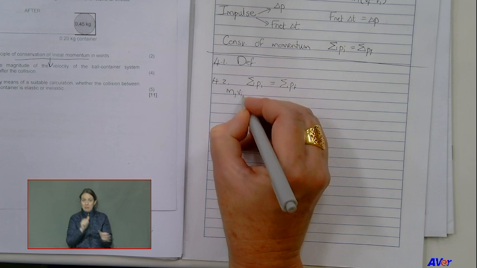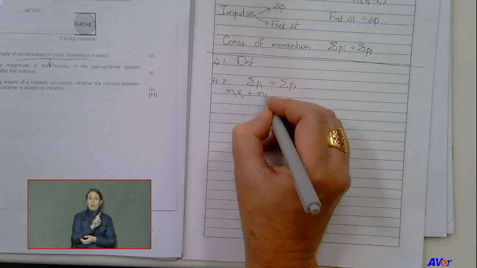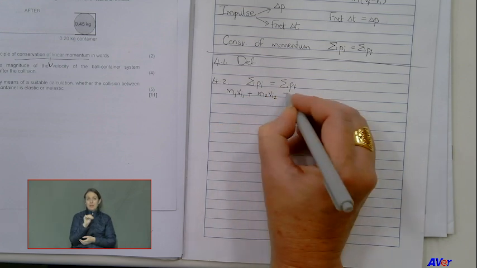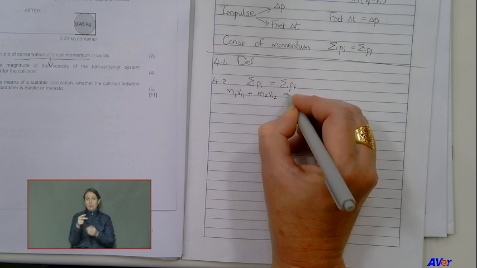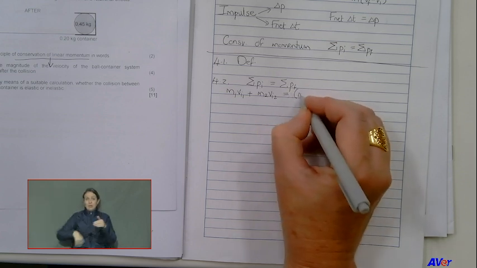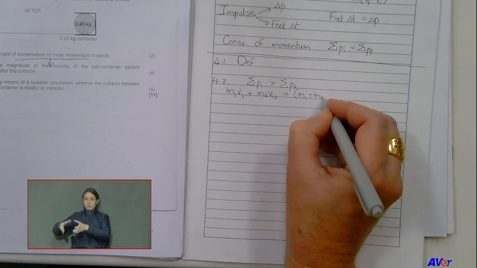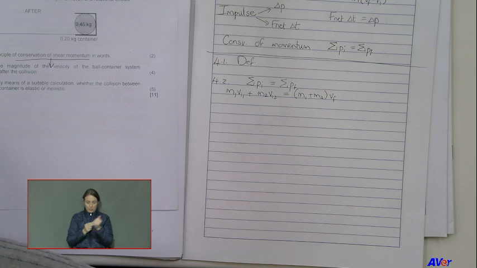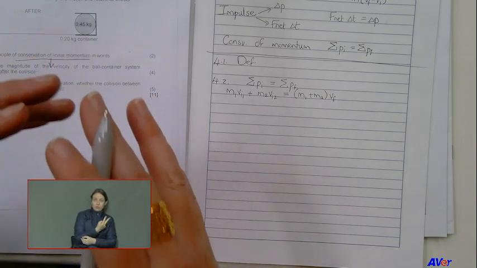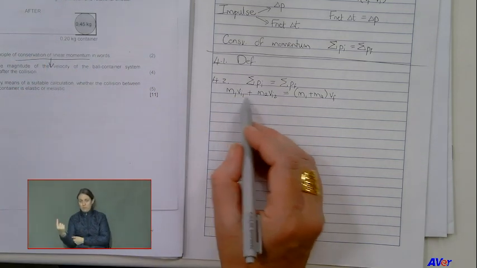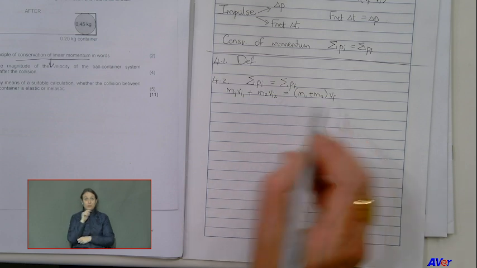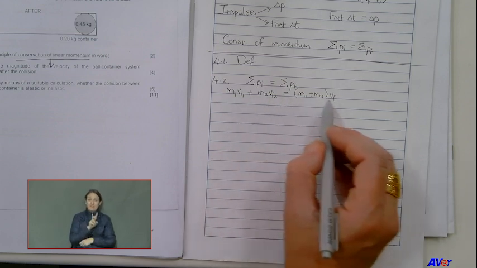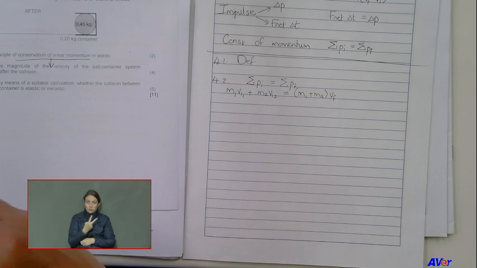M1 Vi1 plus M2 Vi2 equals, and afterwards they stuck together, so it will be (M1 plus M2) times Vf. So they were 2 before, and they just became 1 after. You must use the subscripts on the Vi's and Vf's, the 1 and the 2. It must be there.